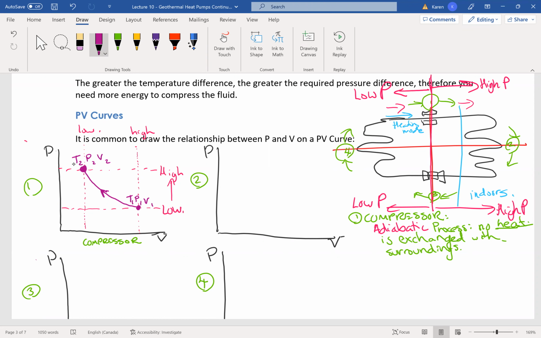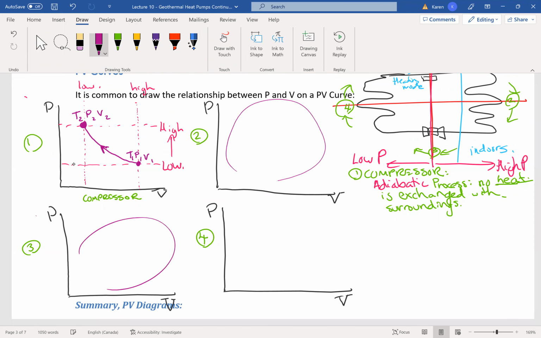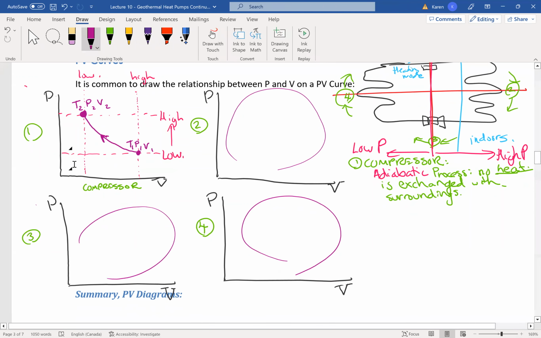Okay, good. So now I'm going to ask you to fill in this one, and this one. I'm going to put you in groups, and I'm going to give you only 10 minutes to do that. And then you're going to come back and you're going to try to scratch them on the screen.